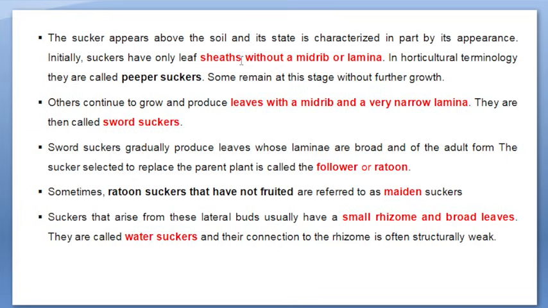That means sheath without midrib or lamina are called peeper suckers. Next, leaves with midrib and very narrow lamina, that is sword sucker. And water sucker means small rhizome with broad leaves.